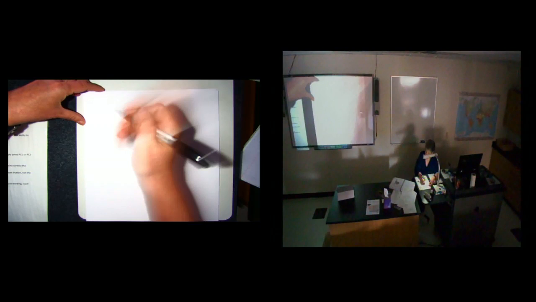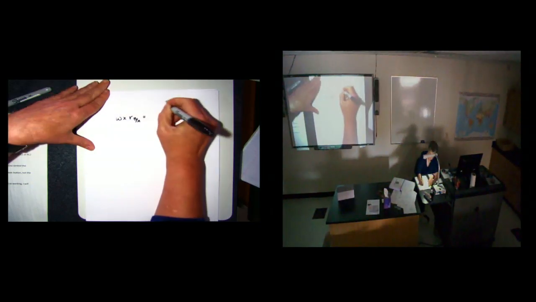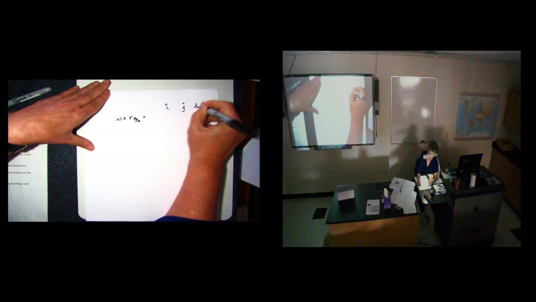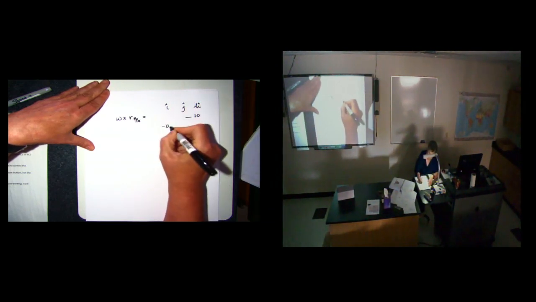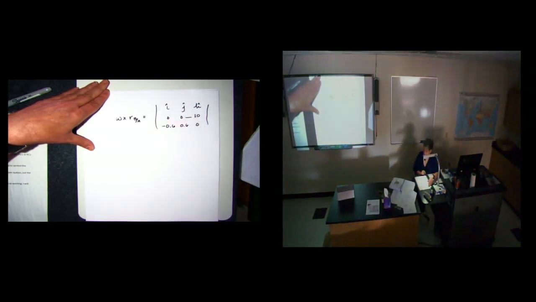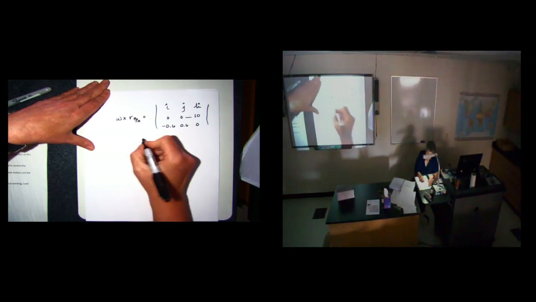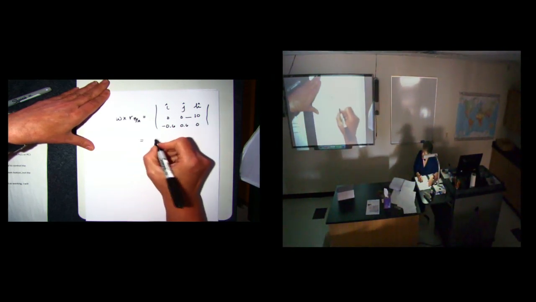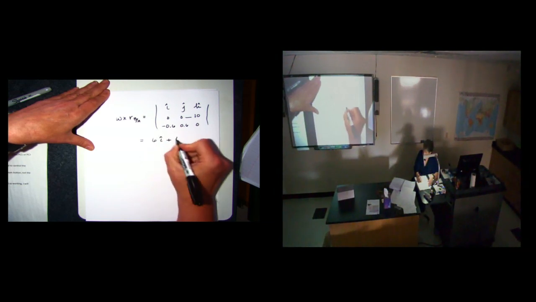And VB is going to just end up being my VG plus my omega cross RBA, which is now my 6i plus 6j, which is going to give the magnitude of VB as the square root of 36 plus 36, which is going to give me 8.49 meters per second.